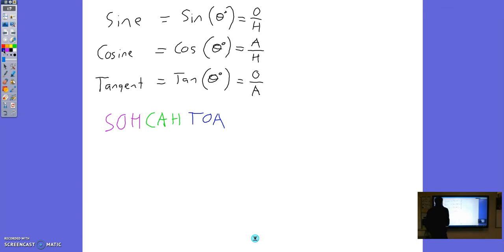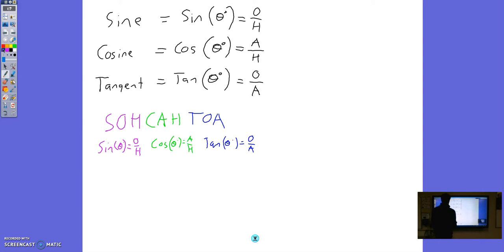So kind of like Sakata, we have SOH, CAH, TOA, where that is saying that we have sine is equal to opposite over hypotenuse, so SOH, cos is equal to adjacent over hypotenuse, so CAH, and tan of theta degrees is equal to opposite over adjacent. Okay? So this is what we're looking at.